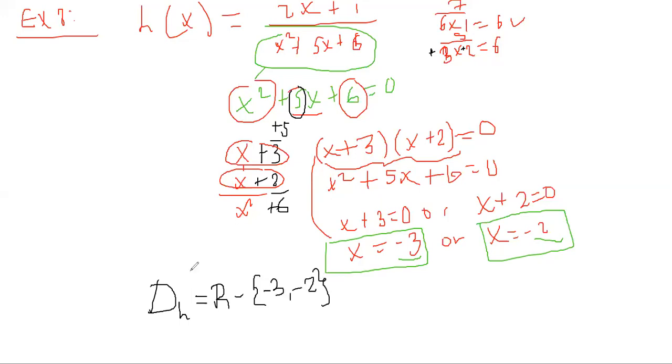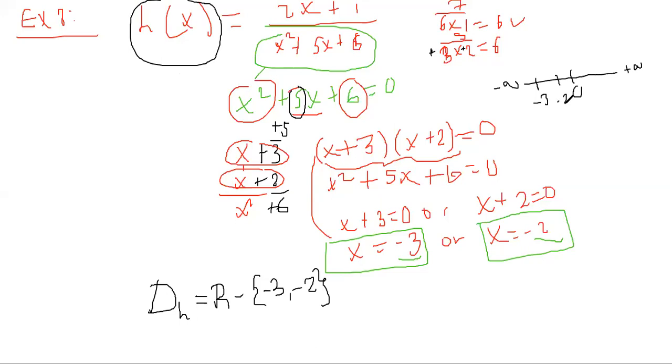What this mathematical notation is telling you is that the domain of this function h is all the real numbers. And we know the real numbers are between minus infinity and plus infinity, but within this, we exclude -3 and -2.